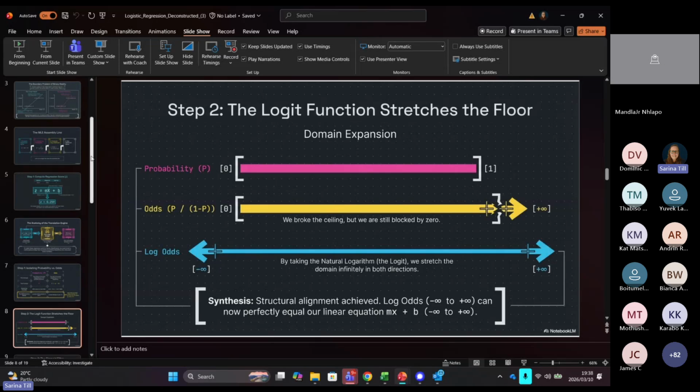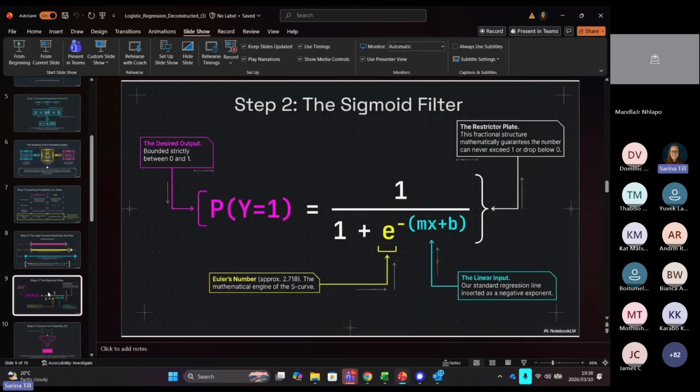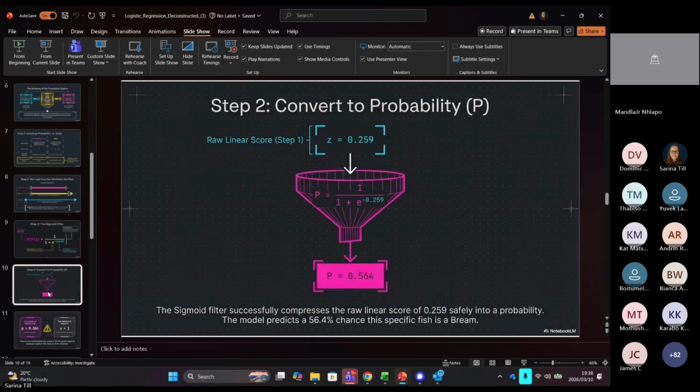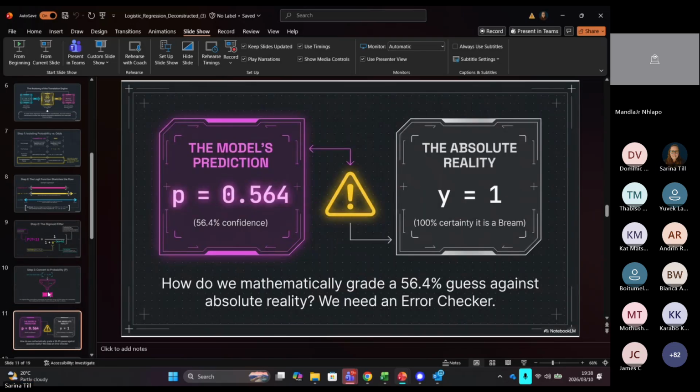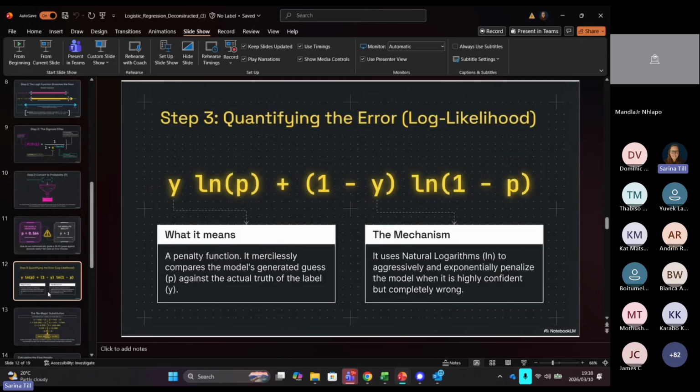You don't have to calculate it, nothing like that. Here is what we've just done. That's all it does. It says if you want to use linear stuff, this is why we shove it into sigmoid, because it does that log odds for us. Does this make sense? 54.6% confidence, y equals 1.